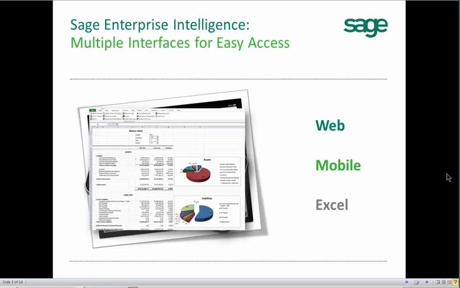Whenever we talk about business intelligence, we can't ignore the fact that most of us, particularly those of us in the financial space, but most of us in general, crunch numbers in Excel. And so Sage Enterprise Intelligence gives us an Excel tool to pull the information out of our ERP system and crunch the numbers to make it more meaningful for us.